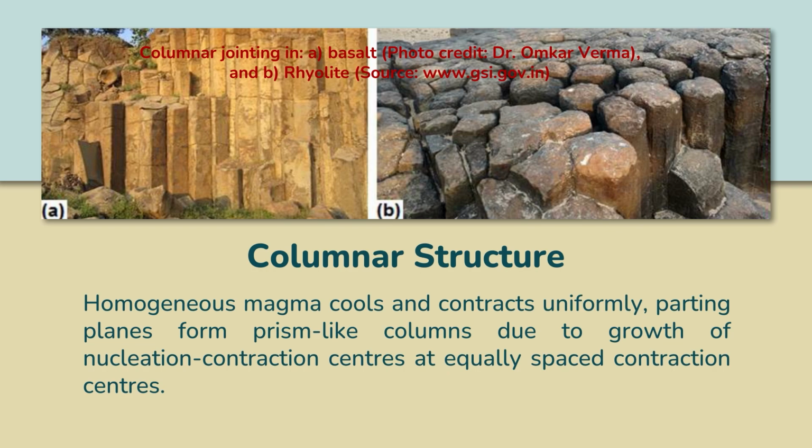Another important structure in the volcanic terrain is seen in homogeneous magma. When homogeneous magma cools and contracts uniformly, parting planes form prism-like columns due to growth of nucleation contraction centers at equally spaced contraction centers. You see here, they are called columnar structures, columnar joints.